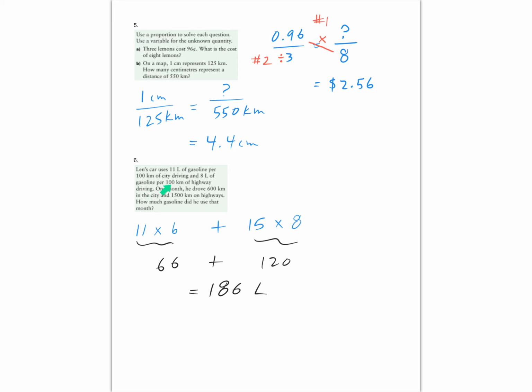On the highway, your vehicle actually uses less gasoline per 100 kilometers. You would think, if I'm traveling faster on the highway, my car is going to be using more gas. And yes, in some ways, but you have to remember that in the city, you're always starting, stopping, red light, slowing down, speeding up. Whereas on the highway, your car is traveling at a consistent speed, if you put cruise control on.